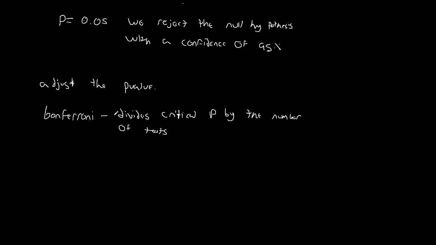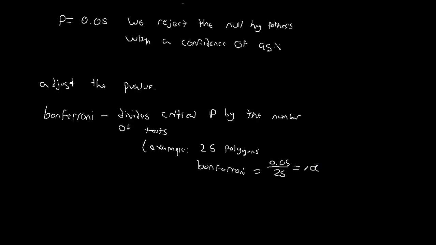So for example, if we're doing this on a data set of 25 observations, we have 25 polygons, Bonferroni would simply say, take 0.05, divide it by 25, and that's your new alpha.